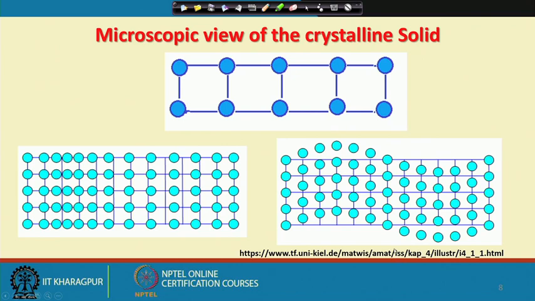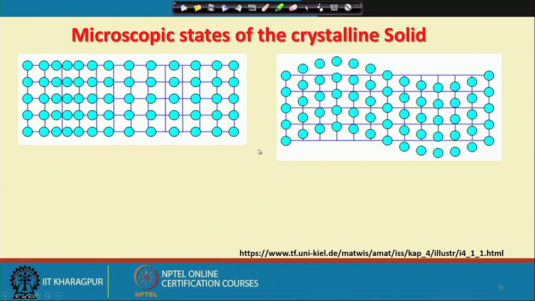And what is the net conclusion? Here we find that there are some zones of a higher density of particles compared to this, and this is a lower density region, and here very clearly we see a wave-like pattern forming because of the motion of the individual atoms. Now, what are these motions?